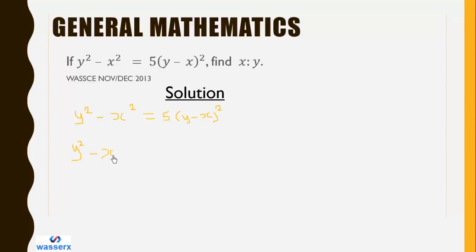So we have y squared minus x squared is equal to 5 into y squared minus 2xy plus x squared. Now we open the bracket to get 5y squared minus 10xy plus 5x squared.